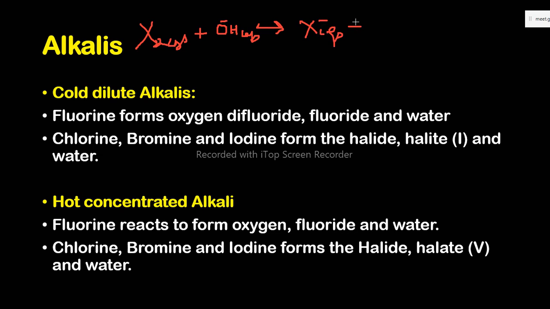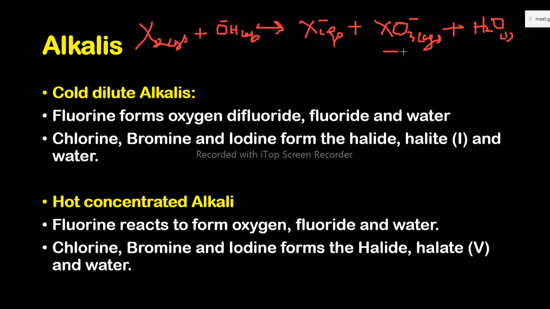Then a halate, not halide. And this is how we write halate. Now I'm going to calculate the oxidation state. I taught you how to calculate, but we shall do it again. And then water, and the water is a liquid.